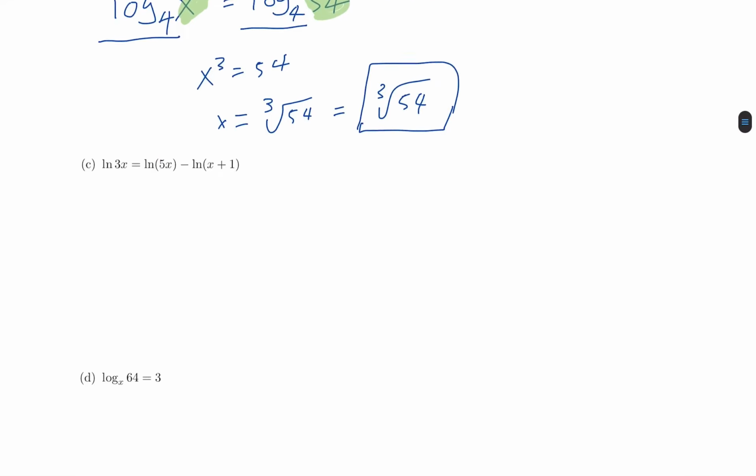Now let's look at this one. We have ln 3x equals ln 5x minus ln (x plus 1). So looking at the equation, we cannot just set it up as ln something equal to ln something. So we have to do something.